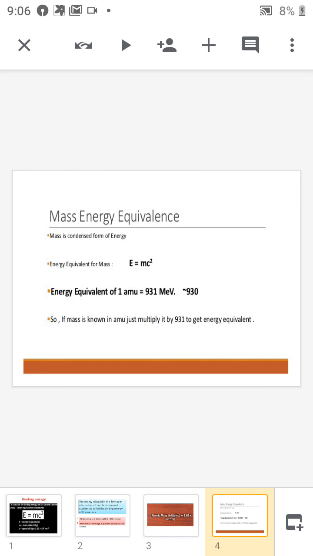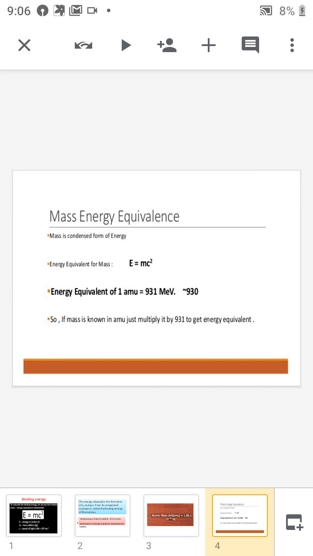That means if you substitute the mass defect directly in AMU, you will get the energy in million electron volts by multiplying by 931.5. If mass is known in AMU, we just multiply it by 931.5, and you will get the binding energy in million electron volts.